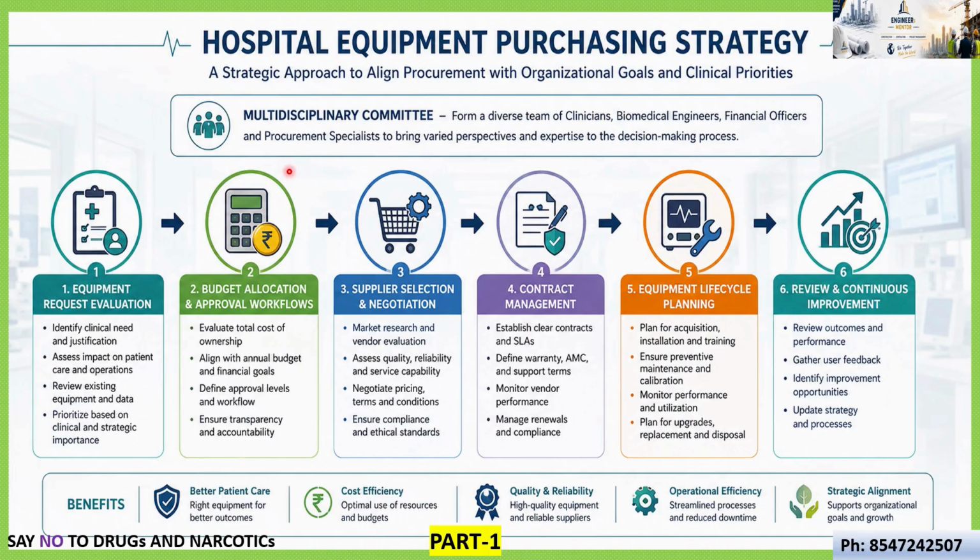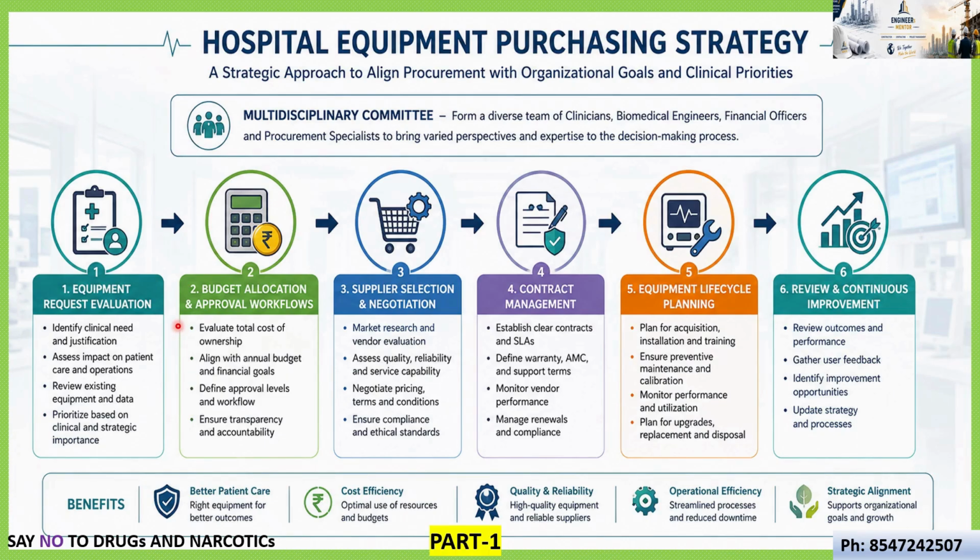A strategic approach to align procurement with organizational goals and clinical priorities is very important. You can see the purchasing strategy is also divided into 6 categories. If we follow these categories, it will help us finalize the equipment. Even if it's a stethoscope, if we follow this step-by-step action, the procurement will be very easy and the end user will get the maximum benefit.